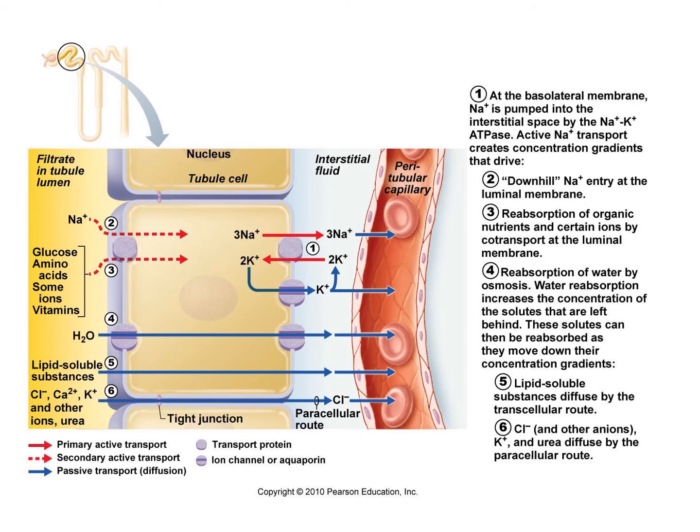The sodium that's brought out into the interstitial fluid in the meantime is going to go into the peritubular capillaries, and it's not going to be available anymore. That's going to cause a concentration gradient where you have a lower concentration of sodium within this tubule cell than you have in the tubule lumen.